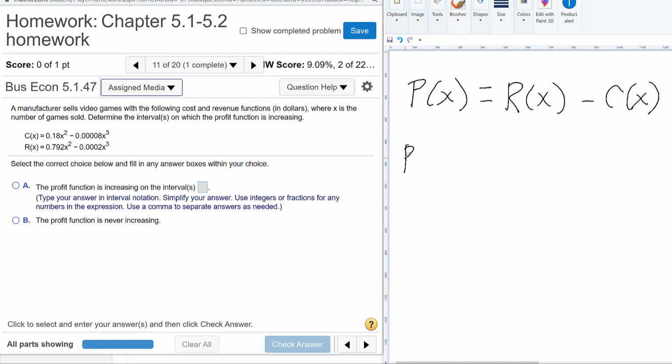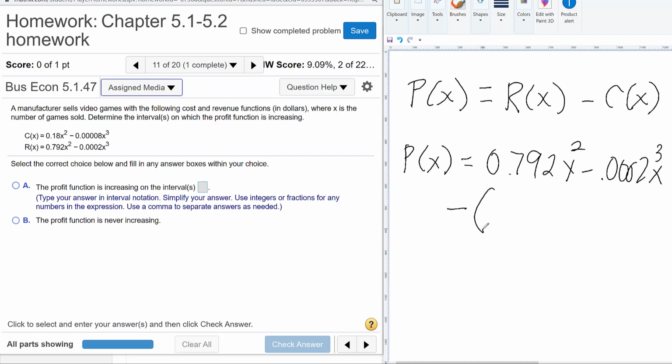So our profit is going to be 0.792 x squared minus 0.0002 x cubed minus the entire cost function. So I'm going to put parentheses around it to remind me that I'm going to need to change the sign of those terms inside the parentheses.